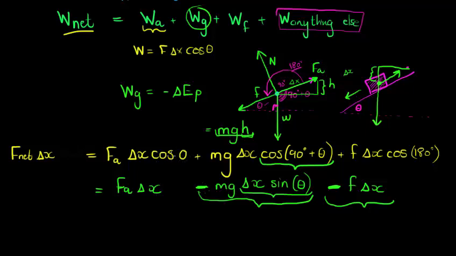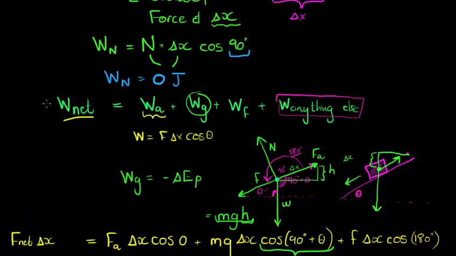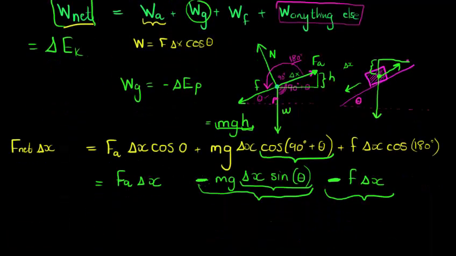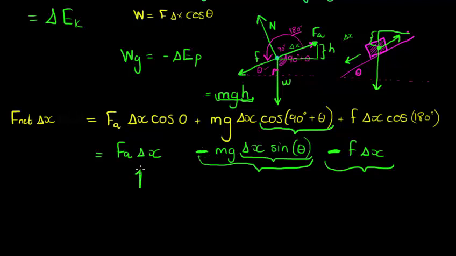Now, you'll see here, the net work done, we said, is equal to the change in kinetic energy. What we mean by that is if this adds energy to the system because it's positive, this subtracts energy from the system, and this subtracts energy from the system.